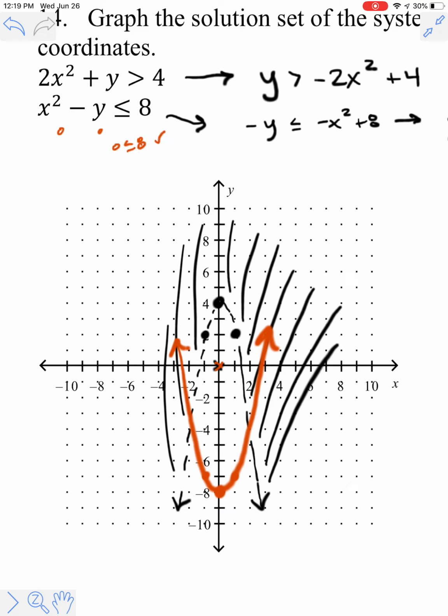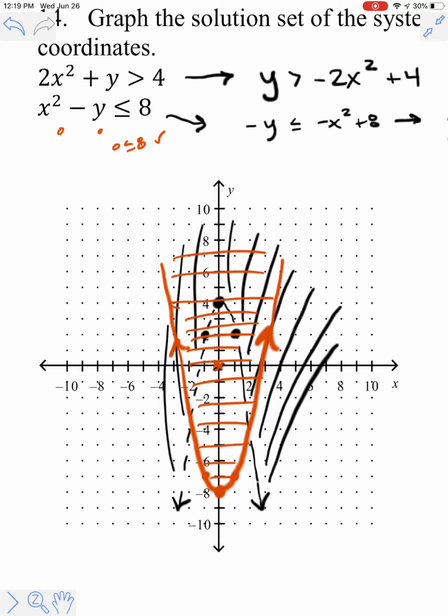That's a true statement. So for this red parabola, I'm going to be shading where the test point was. In that case, it was inside, so I'm shading inside this parabola.